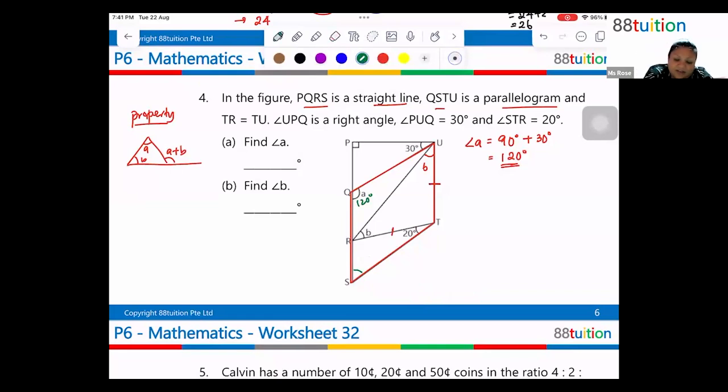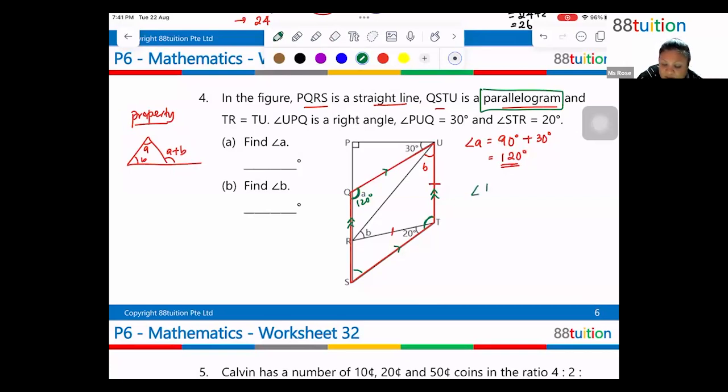That's right. So this being 120, since it is a parallelogram, this must also be equal to 120.